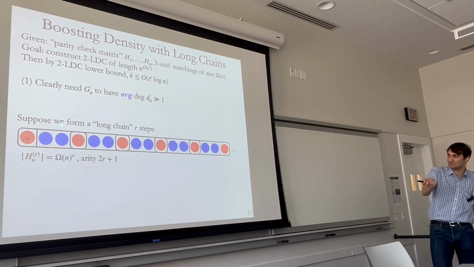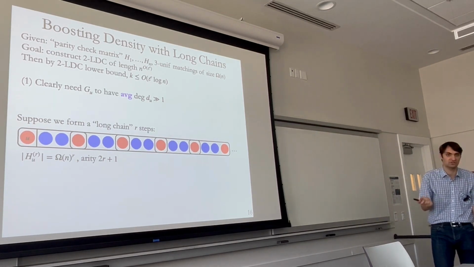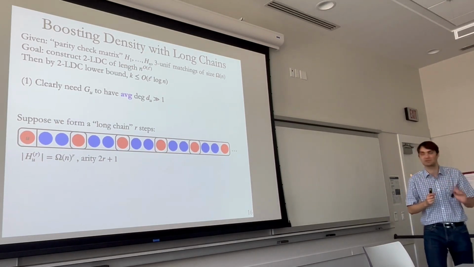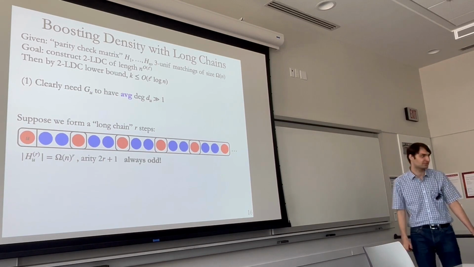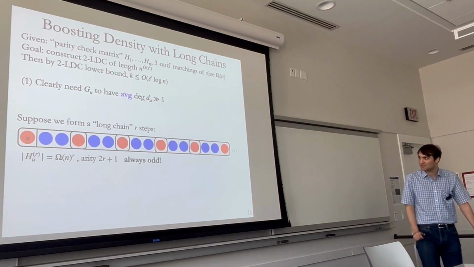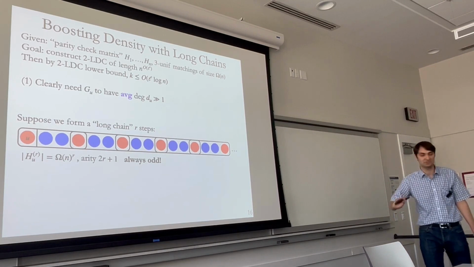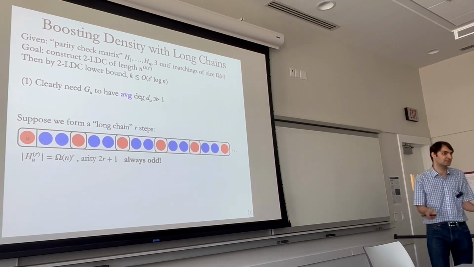But you can compute the arity by saying that each one of these links in the chain has 2 uncancelled blue variables, and then the last one has this extra red variable, which is where we would hook on the next link in the chain if we were to keep going. And so this is always odd. The fact that it's always odd causes, again, a lot of technical headaches, which I'm going to sweep under the rug. But it's always odd.